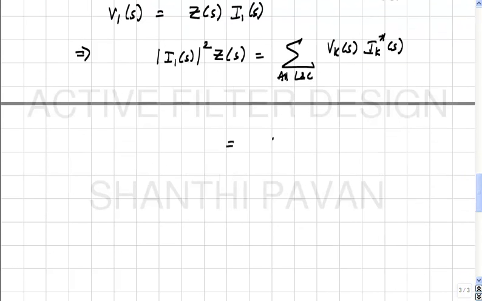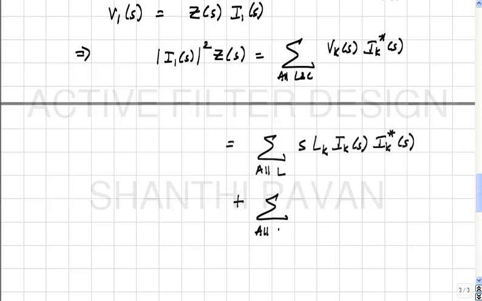This must be therefore, for all L, S Lk Ik of S times Ik star of S, plus, over all C, 1 by S Ck, very good, Ik of S, Ik star of S. Okay, I have been a little loose in the terminology here.